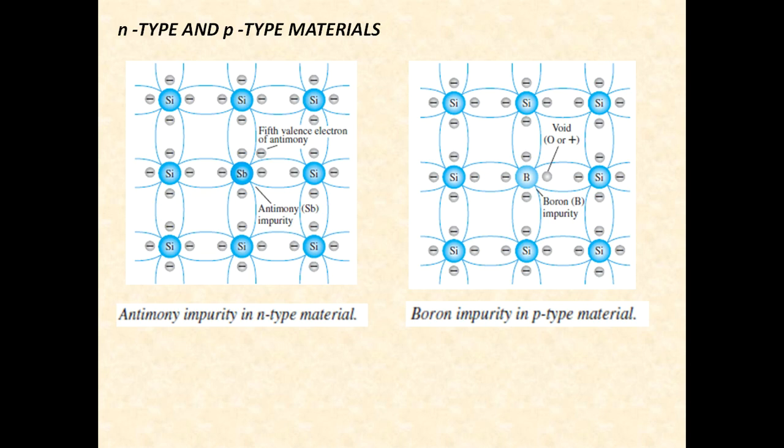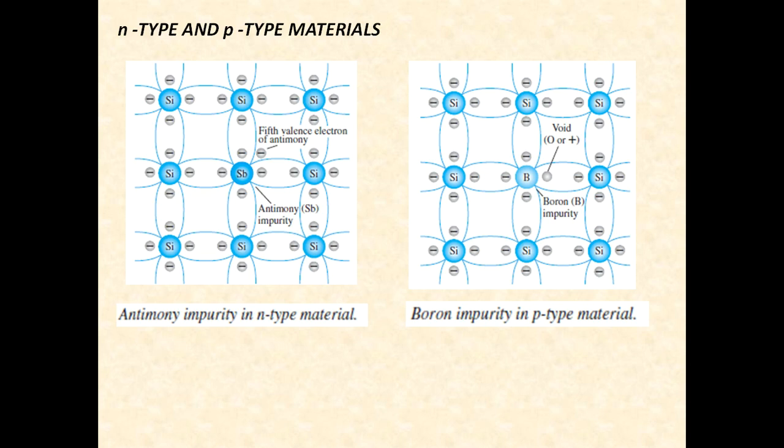Now, when the semiconductor is doped with pentavalent impurity atoms, it becomes n-type, and as I told you, in an n-type material the majority carriers are electrons and the minority carriers are holes. The majority carrier current will be a lot larger when compared to the minority carriers, which are the holes in the case of n-type material.